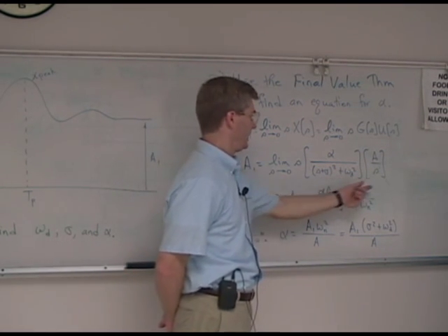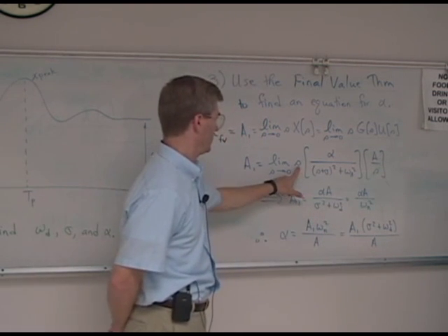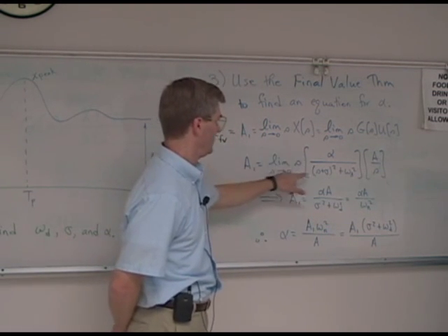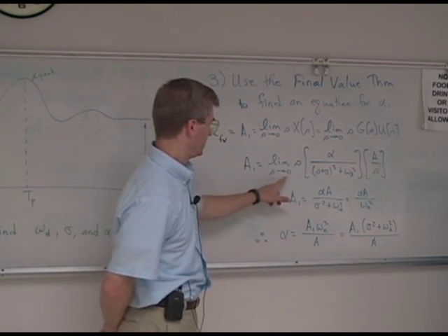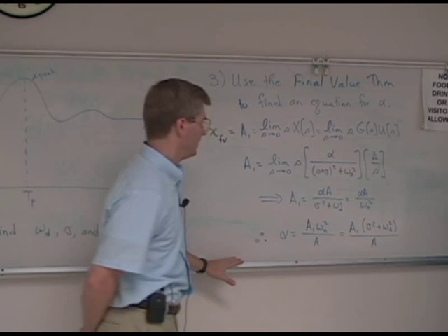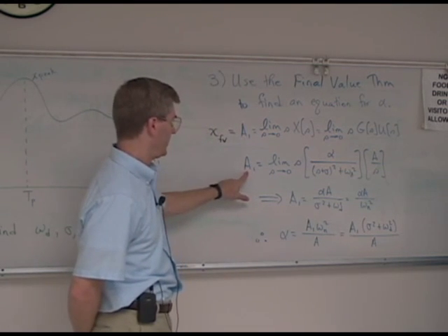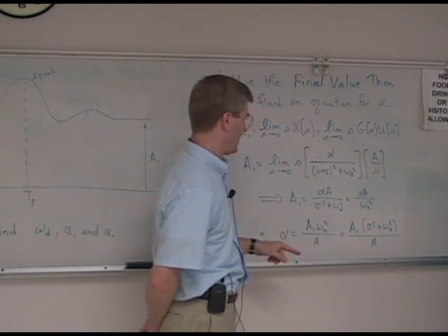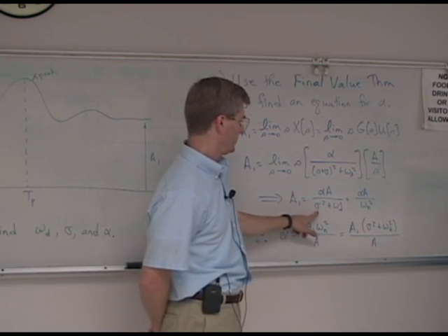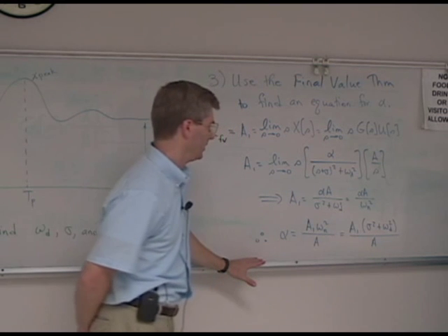Here is G of s, there is U of s. We're multiplying it by s, which is convenient. That s cancels that s, and we now let s go to 0 in the remaining terms, and we end up with a1 equaling alpha times A, capital A, over sigma squared plus omega sub d squared.